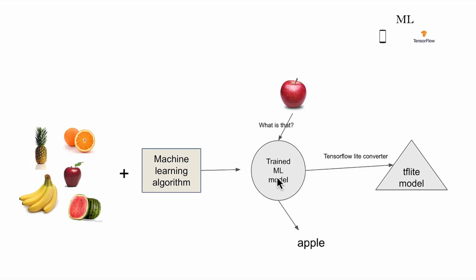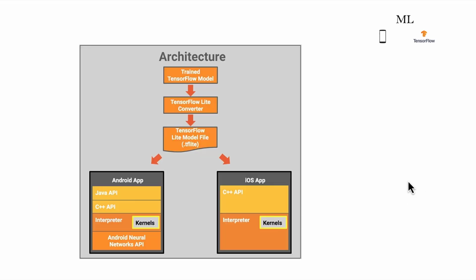So in order to use this trained model inside our mobile application, we use this TensorFlow Lite library. With the help of this library, we convert our model into a TFLite format, and now we can use this TFLite model inside our mobile application. Similarly, you can understand the importance of TensorFlow Lite with the help of this diagram.